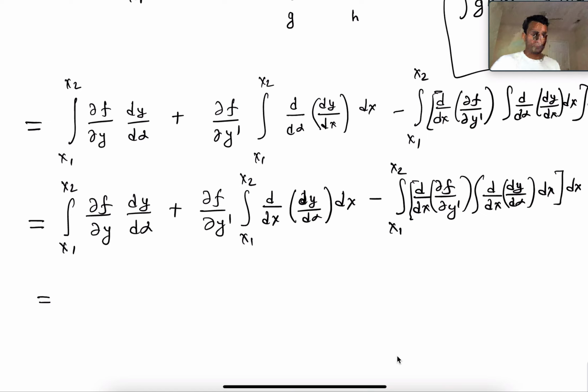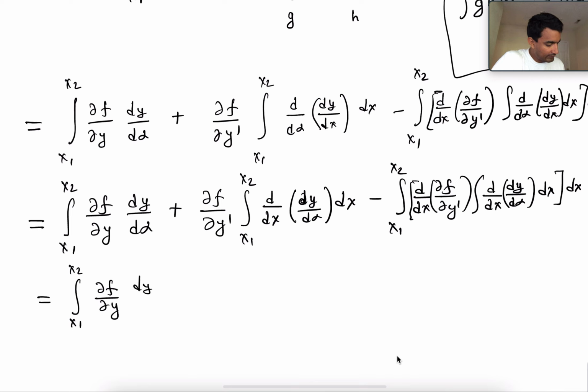So now if you look at this term, we have d by dx of some function, and we are integrating over dx, which simply means that the integral will give me dy, whatever that function is. So here, the first term becomes the integral from x1 to x2 of del f by del y times dy by d alpha.